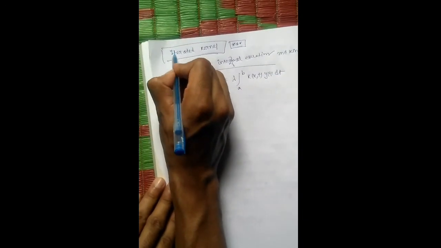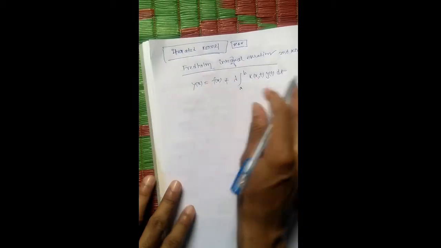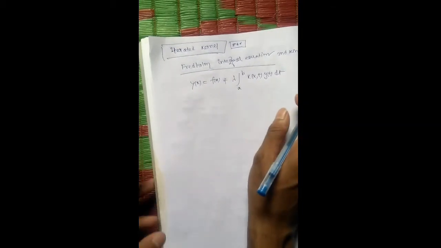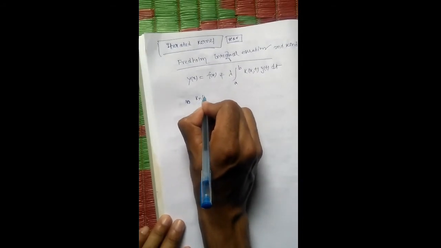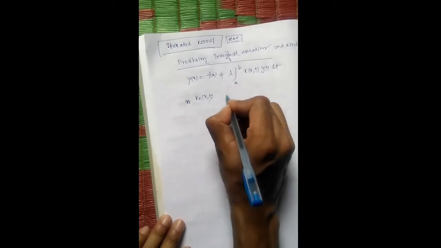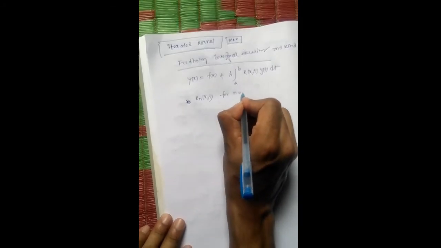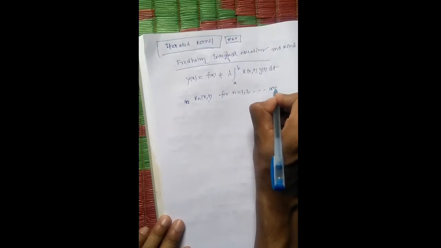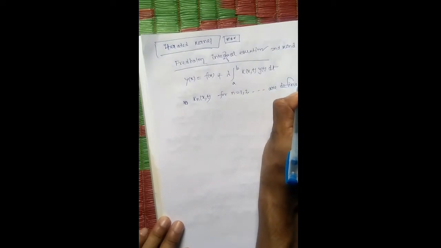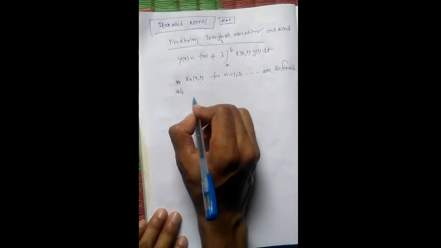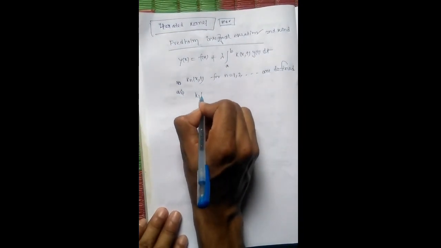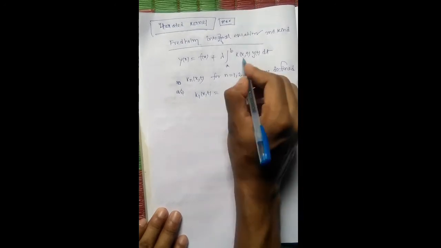So the iterated kernel K_n(x,t) for n equal to 1, 2, and so on are defined as K_1(x,t), this is nothing but K(x,t).